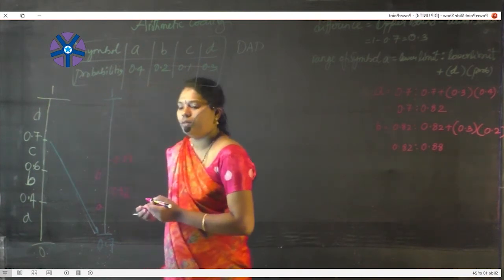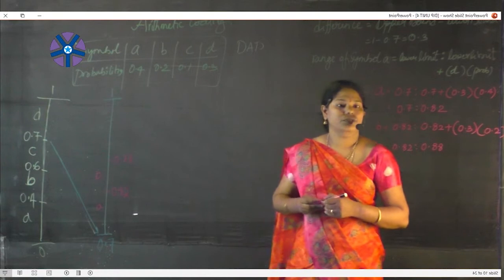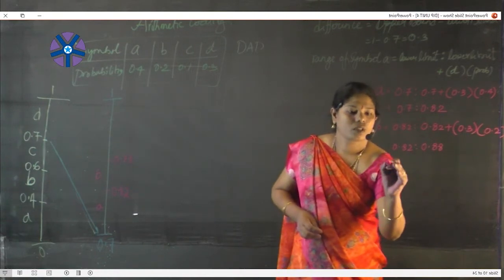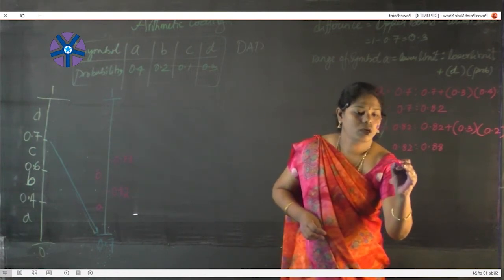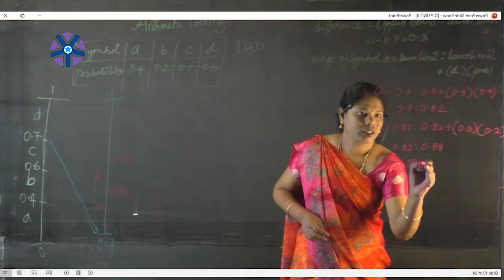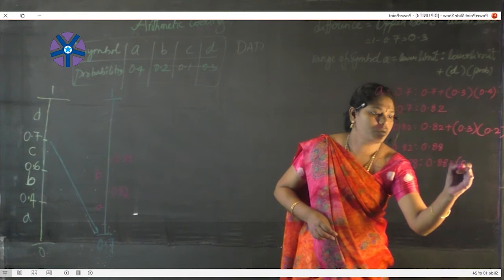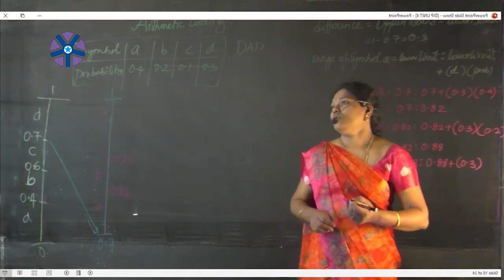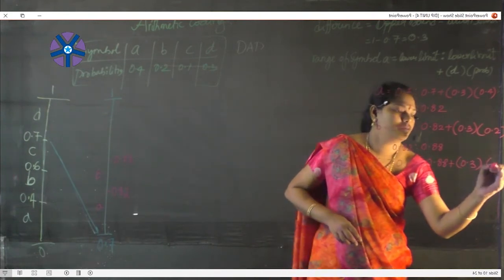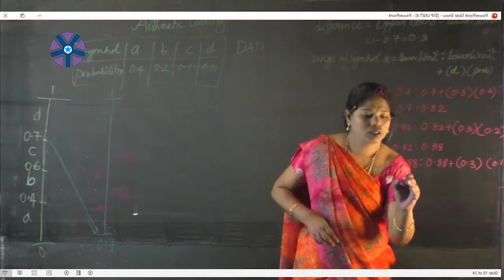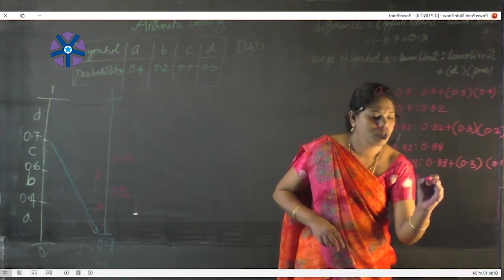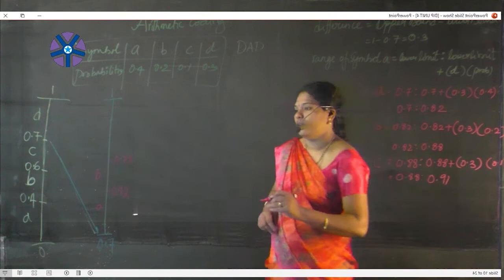This is the range for B. Now find the range for C. The lower limit is 0.88 colon 0.88 plus the probability 0.1, so 0.88 colon 0.91.